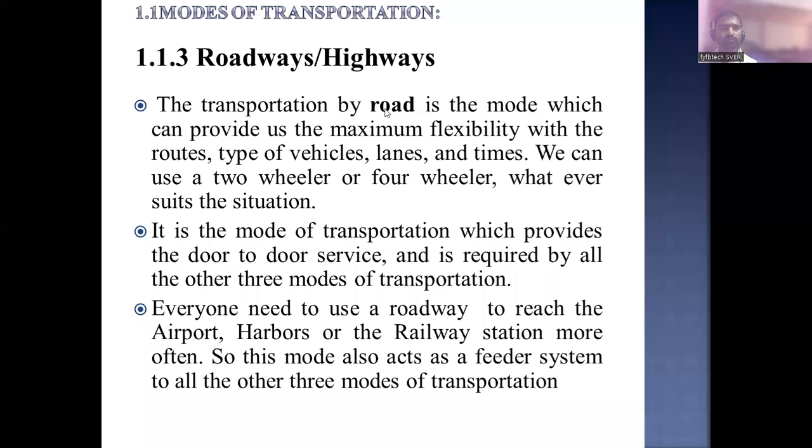Transportation by road is the mode which can provide the maximum flexibility. Can you tell me whether the railway is flexible or inflexible? Inflexible. Once you construct it, you cannot make any alteration. But the road is very flexible, in terms of type of vehicles, lanes and times.